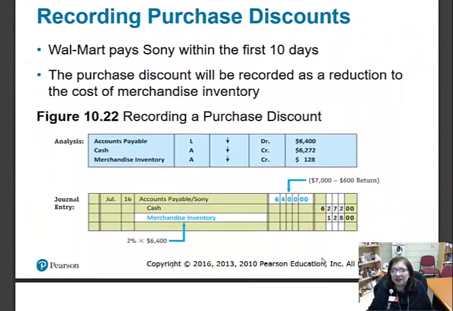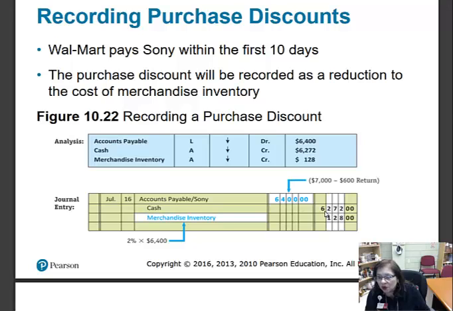When we're recording the purchasing discounts, again, notice what we're doing here. Walmart pays Sony within the first 10 days. So it was $7,000, but it's minus the $600 of return, okay? So this is our accounts payable, $600 from what we owe them, not from the $7,000, but from what we owe them right now.